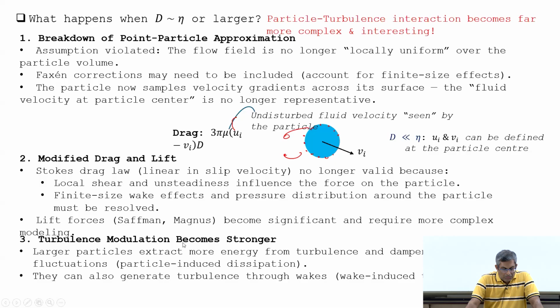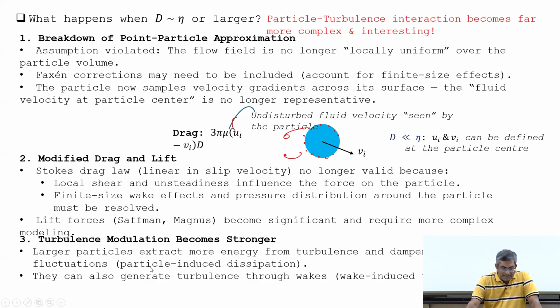Then, if we have large particles, turbulence modulation becomes stronger. In this case, the larger particles extract more energy from turbulence and dampen small scale fluctuations. So this is also another effect by the particles. The large particles would try to dampen the small scale turbulent fluctuations.